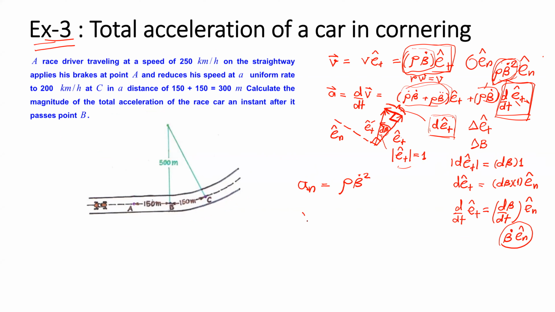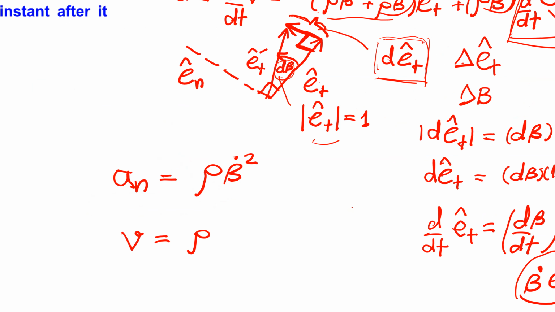But we know that the magnitude of the velocity, or the speed, is equal to rho beta dot. The speed is equal to the radius multiplied by the angular velocity, right?